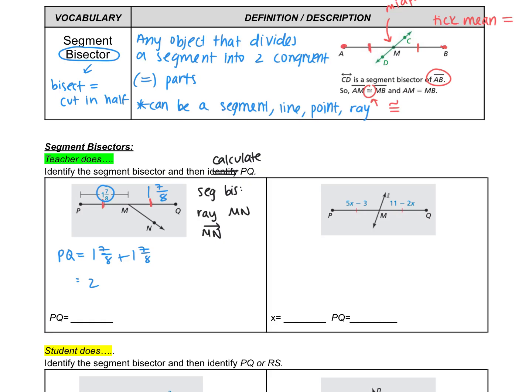No, thank you. 14/8. So that simplifies to 7/4. 7/4 is 1 3/4. Once I add my 2, I get 3 3/4. Or I can also write it as 15/4, either one of those.